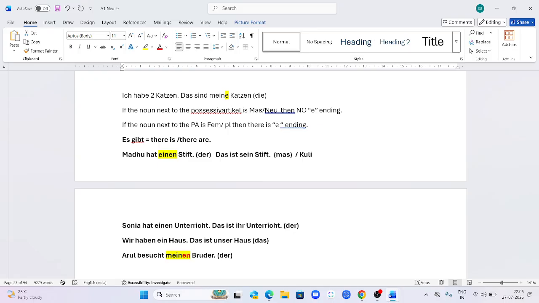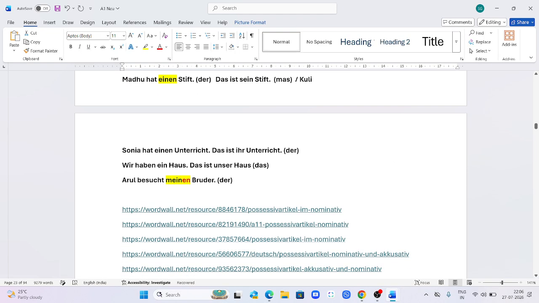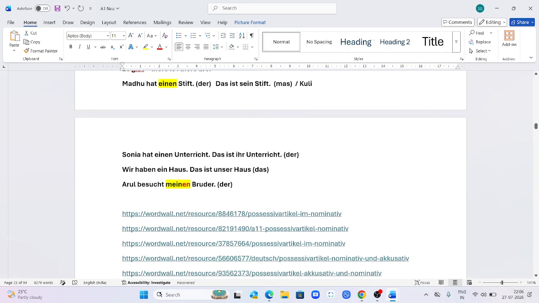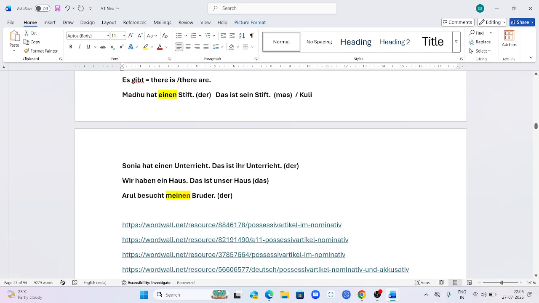Got it, Leute? What is es gibt? Learn it today. Es gibt means there is or there are. It's very, very useful. If I ask you, is there a hospital next to your house, or is there a bakery near your house, how will I ask?